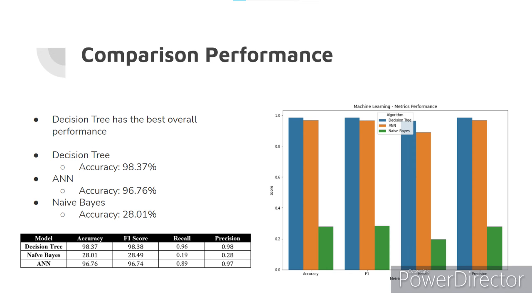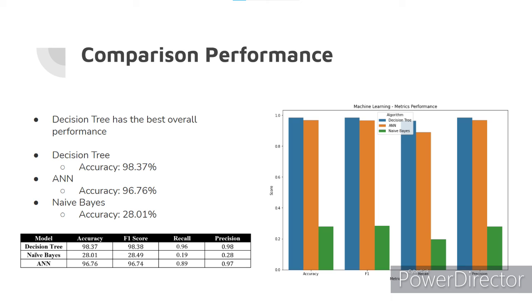Of the 3 algorithms we have chosen, the decision tree has the best overall performance, while naive Bayes has the worst performance. From the comparison performance table, we can see that the accuracy of the decision tree model is 98.4%, while the ANN model is 96.76%. And lastly, the accuracy of naive Bayes is 28.01%.